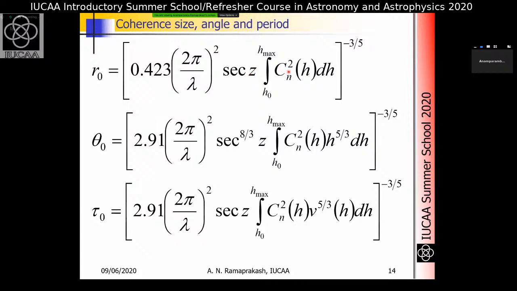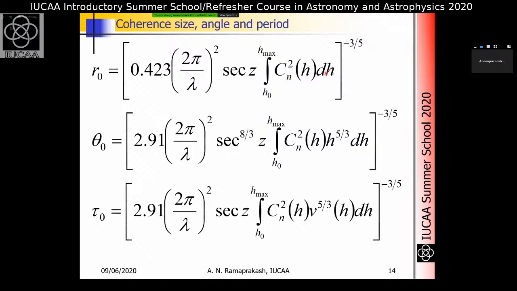Cn squared is what is called the structure constant, and it is a function of height in the atmosphere. This structure constant captures the information about the disturbance of the atmosphere due to wind, temperature, density fluctuations, etc. This is called the refractive index structure function.